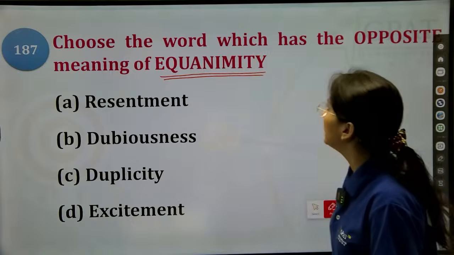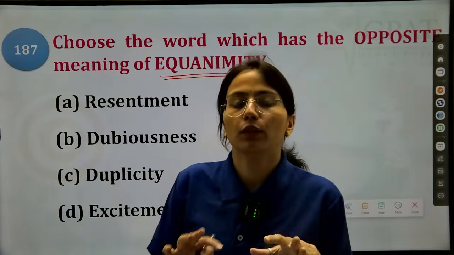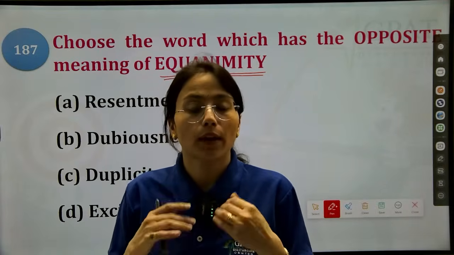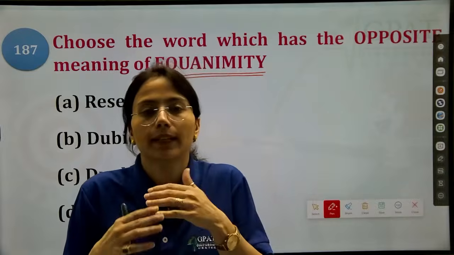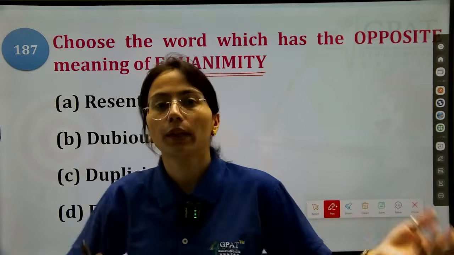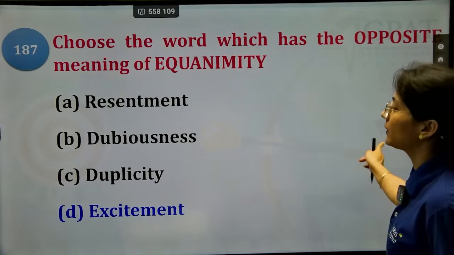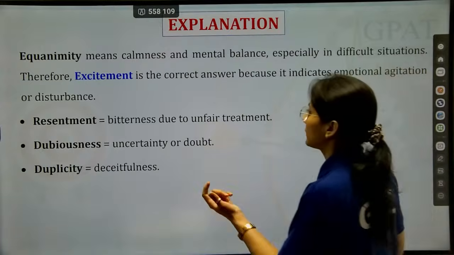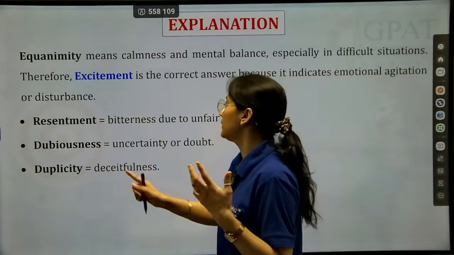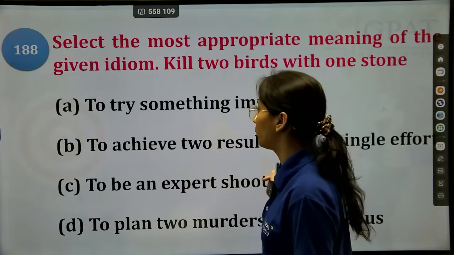The opposite of equanimity, the ability to remain calm, is excitement, when you feel happy, excited, joyful. Resentment is bitterness due to unfair treatment, dubious is uncertain or doubt, and duplicity is deceitfulness.